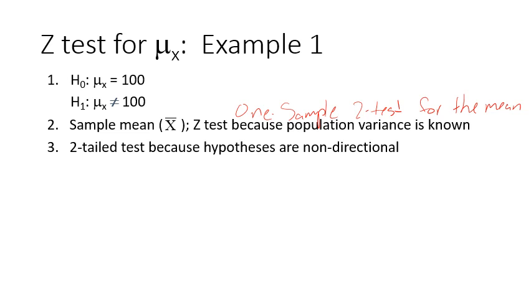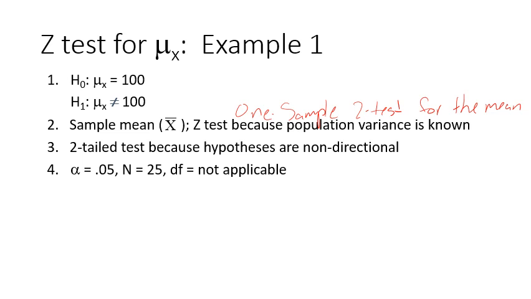So again, step 1 here is the null and alternate hypothesis. Step 2, state the test. Step 3, directional or non-directional. Step 4 is alpha, n, and degrees of freedom if applicable. So our alpha here is 0.05, our n is 25, and our degrees of freedom are not applicable.